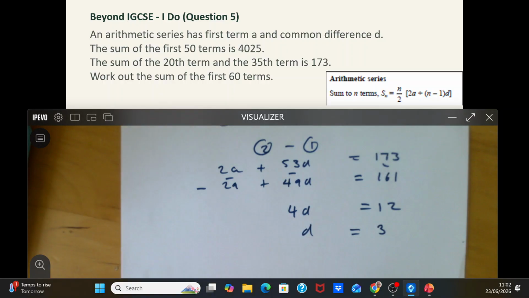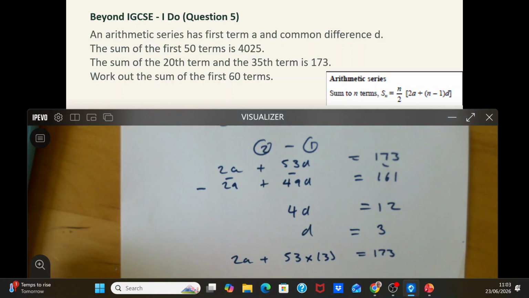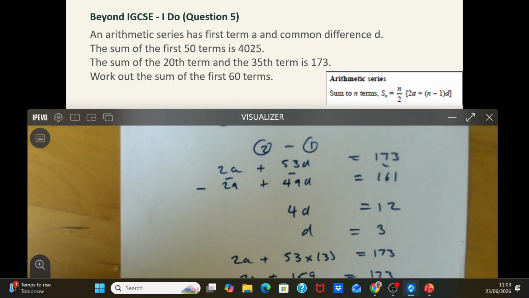Again, it's slightly trickier because of the values in this. So I'm going to work out a, so 2a plus 53 times 3 equals 173. That gives me 159. 2a equals 14. So a equals 7.